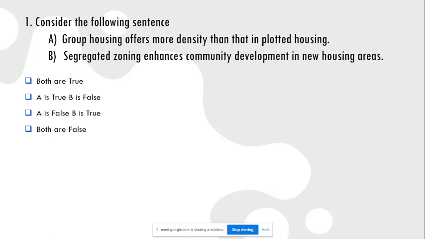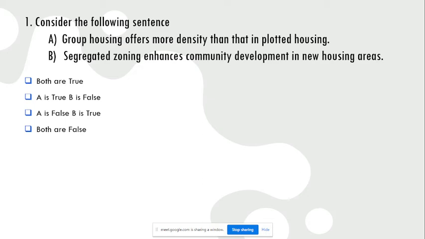In group housing, a much higher number of residents and dwelling units can be accommodated because the plot is not owned by each and every individual. It is owned by the community, by the cooperative society. So whenever group housing is developed, it provides the scope for more population density compared to plotted housing, where there is usually a very limited chance to exploit the FSI at a greater level.